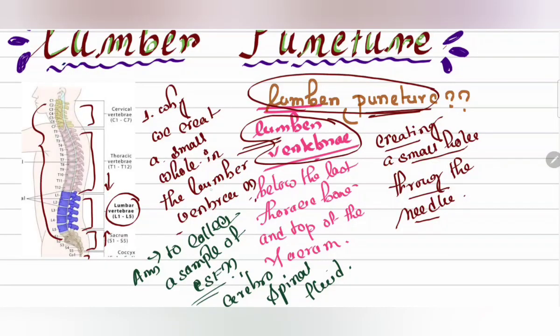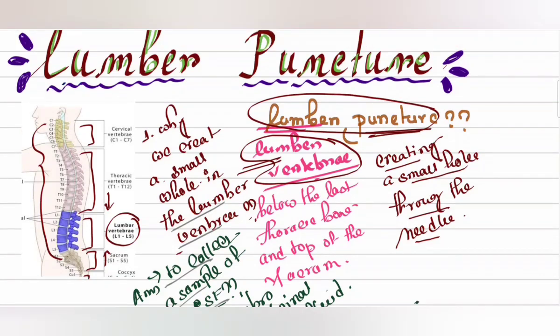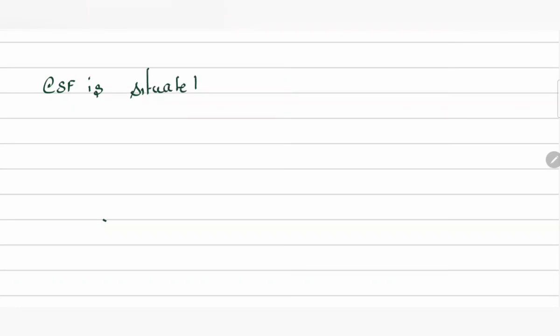Next, at first I discussed why we perform the lumbar puncture. The answer is to collect the sample of CSF. There is another important point. CSF is situated in the subarachnoid space.